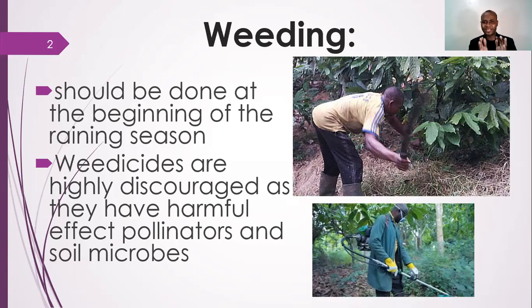So we don't usually recommend using weedicides on the cacao farm. Number one, because they will kill the pollinators, and number two, they are going to kill the microorganisms in the soil.